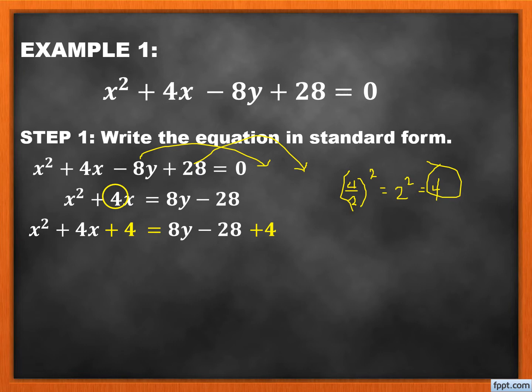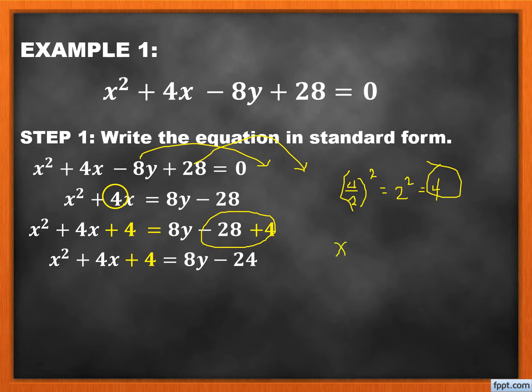Next, we're going to simplify this part of the equation by adding negative 28 plus 4. Thus, we have x squared plus 4x plus 4 equals 8y minus 24. And for the final step, we're going to factor x squared plus 4x plus 4 and 8y minus 24.